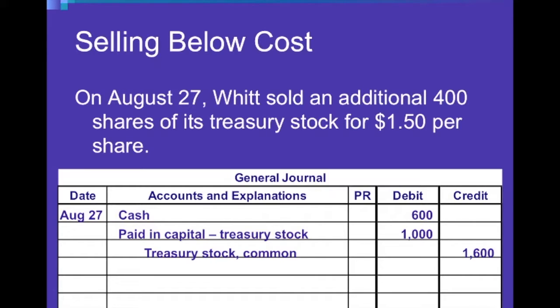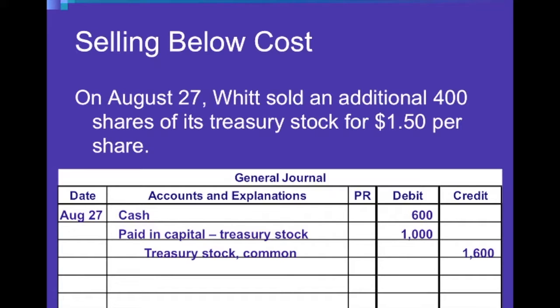So if debiting this paid-in capital treasury stock account would create a debit balance in that account, here's what you'd have to do. You'd have to debit paid-in capital treasury stock for whatever the amount is that would take it down to a zero balance. And then if you still need more on the debit side to make it balance out, that remaining debit will always go to retained earnings.